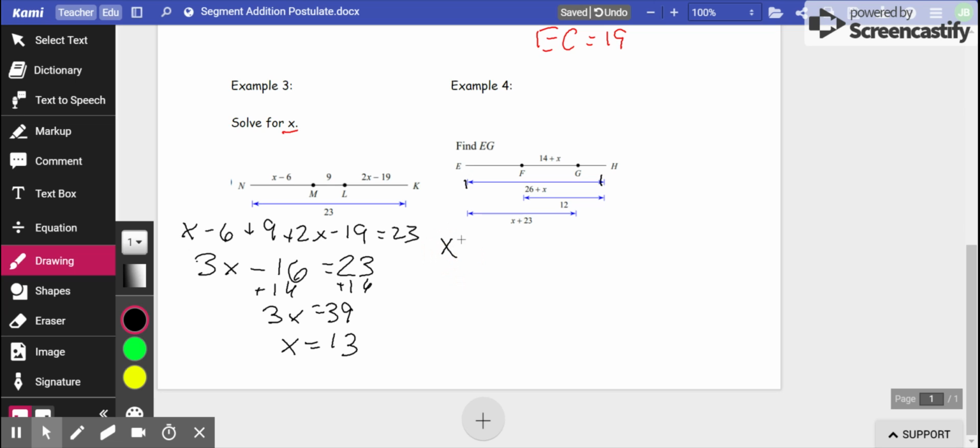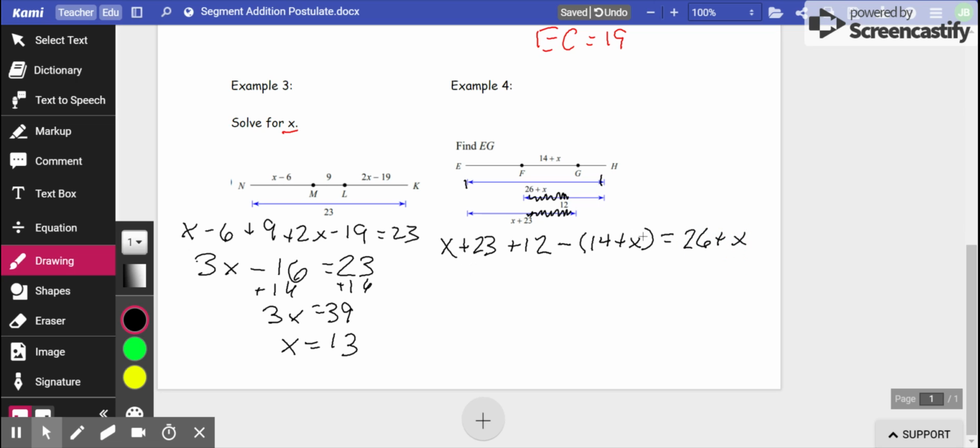If I take x plus 23 plus 12, well, that gives me this extra piece. It's counting it twice because it's counting it on this segment and on this segment, 2 times there. So what I have to do is remove the 14 plus x, which will give me the grand total of that whole segment.